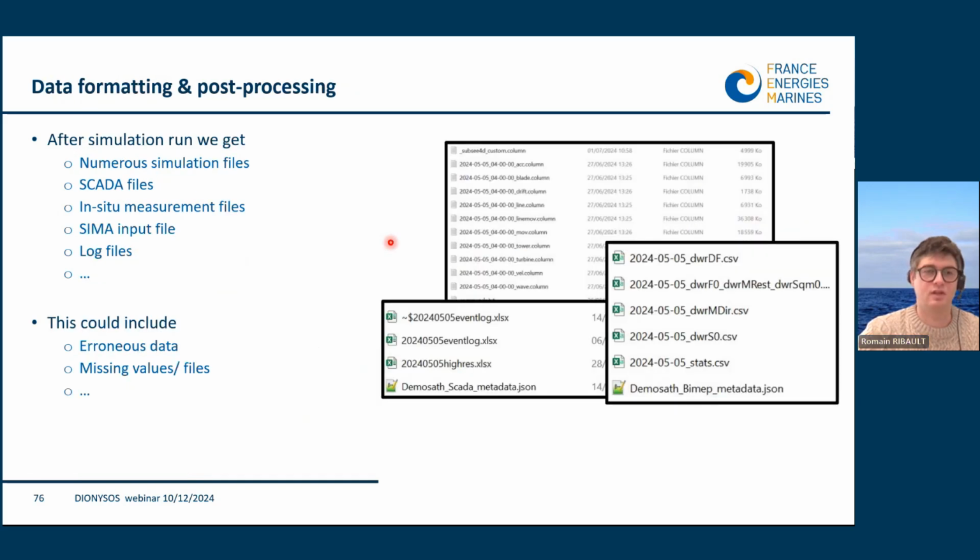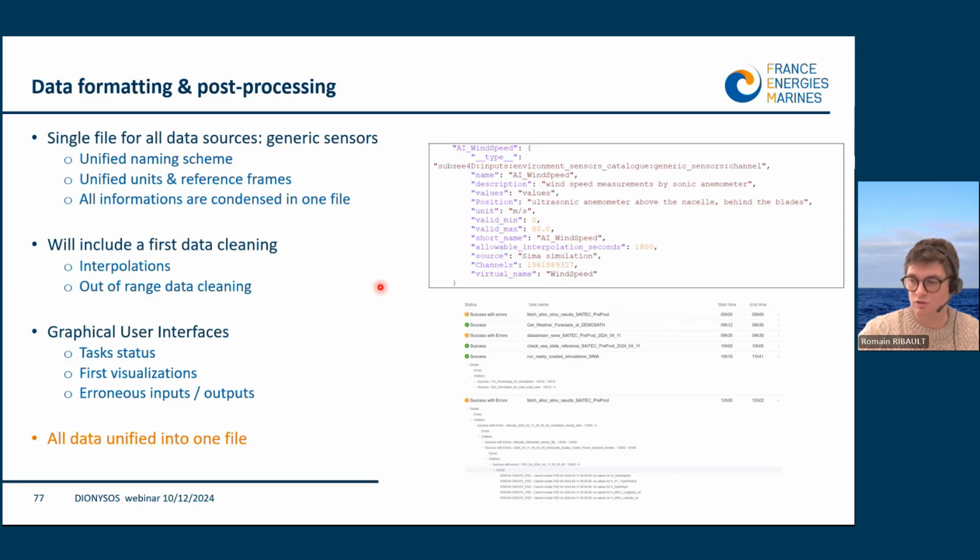Okay. So after the simulation is run, we have some simulation outputs. We have some raw data files from sensors. And all those files can contain erroneous data, missing values, missing files. So we need to ingest this in a controlled manner.